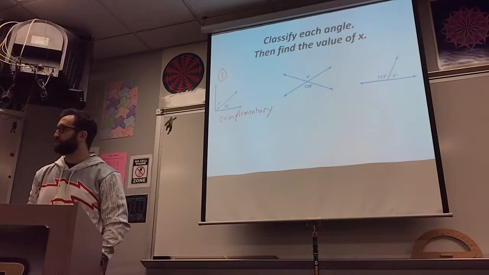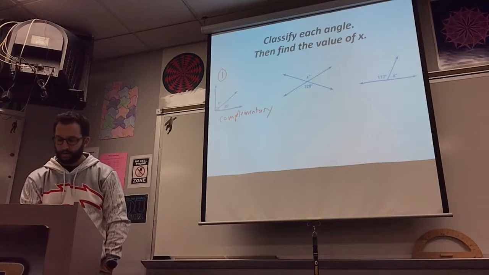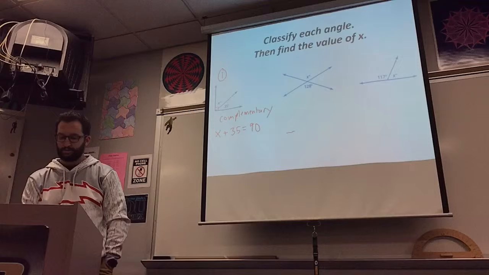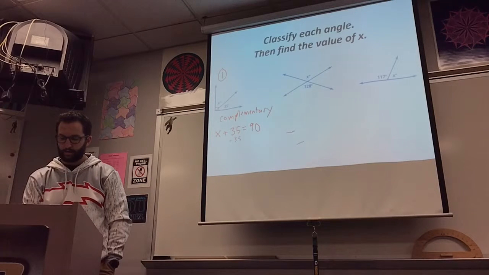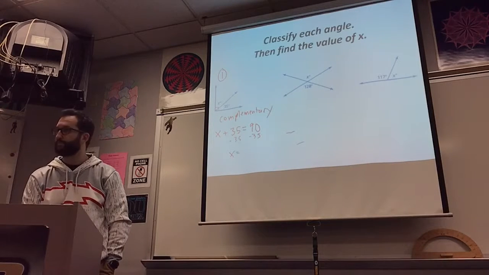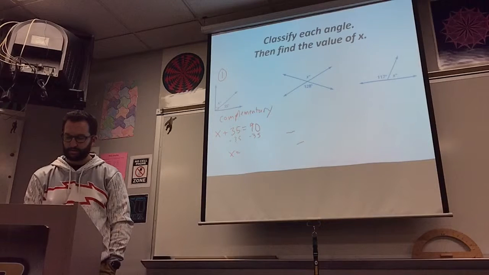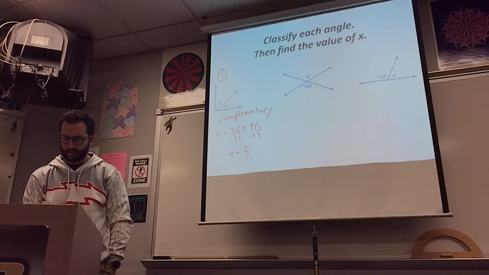Good, so then these two should add up to equal 90 degrees. How do I get x by itself? Subtract from 90. And I get that x equals what? 55. Oh, 55, not 65. 55 degrees.